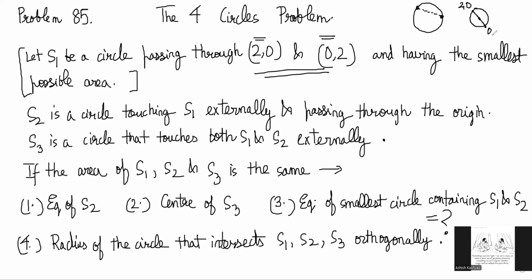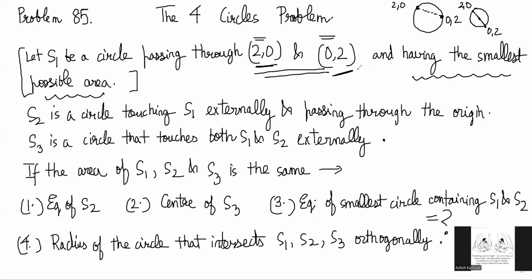If they were not the diameter, then that circle would definitely be larger. So because it has to be the smallest possible area, S1 is a circle where the endpoints of the diameter are (2, 0) and (0, 2).